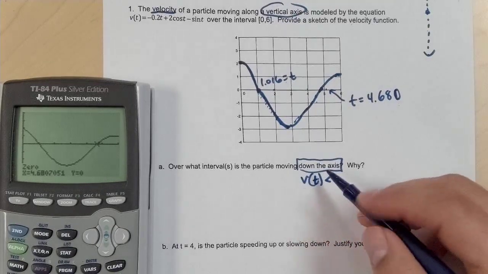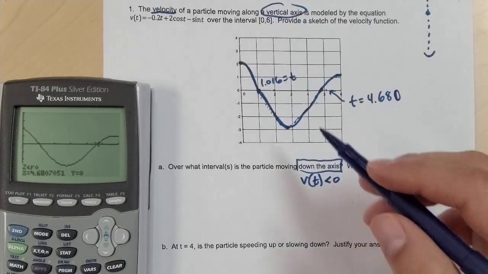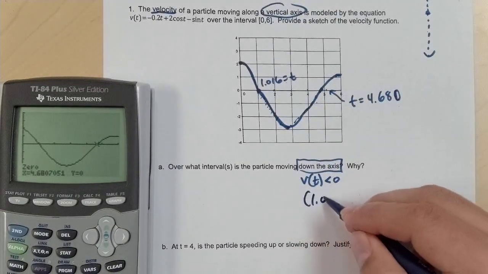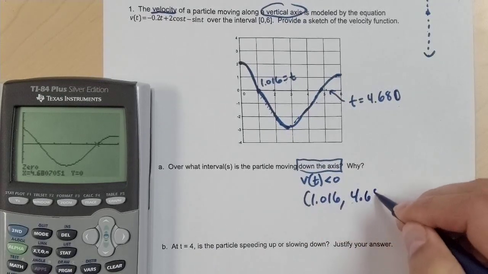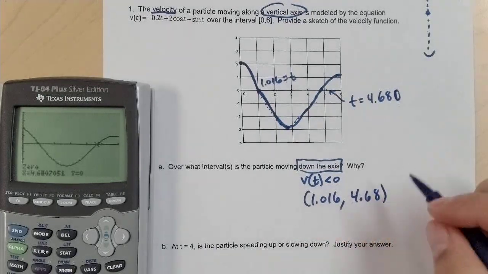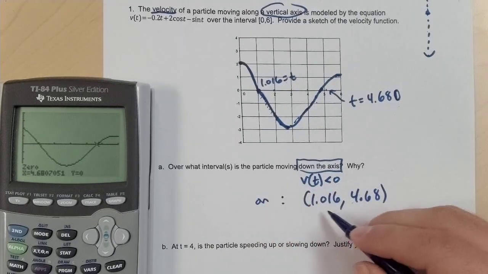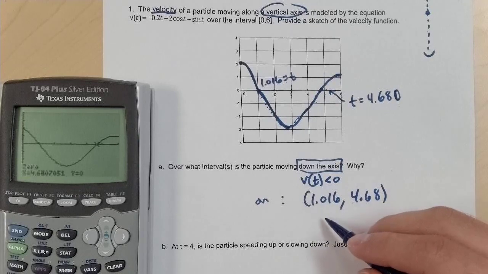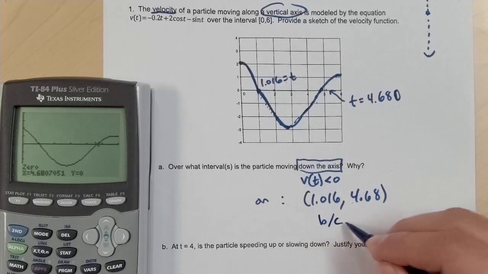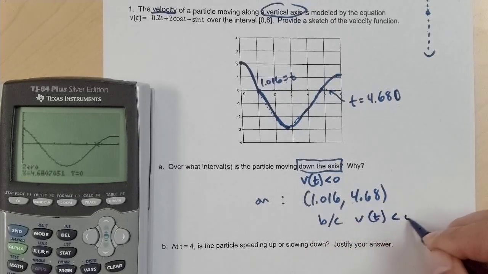All right, so we have enough to answer this question, right? So between 1.016 and 4.68, so this is on the interval 1.016 to 4.68, and that is because the velocity is negative there.